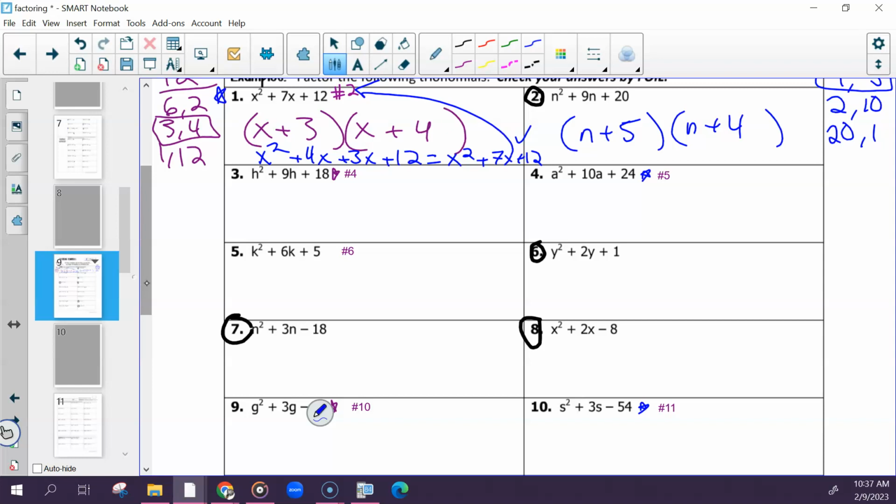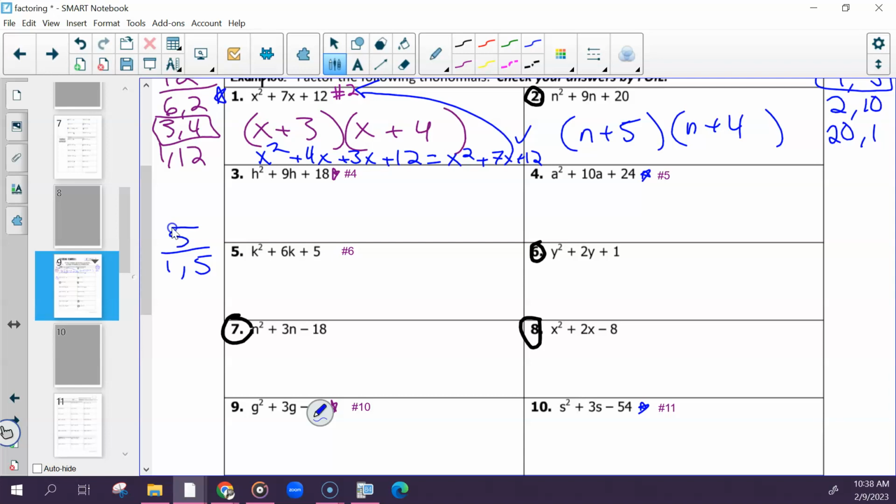For number 5, what are two numbers that multiply to be 5? 1 and 5. 5 is prime, so the only numbers are 1 and 5. So we're going to be using those. How would we write our factors? These are our numbers. They're both positive.